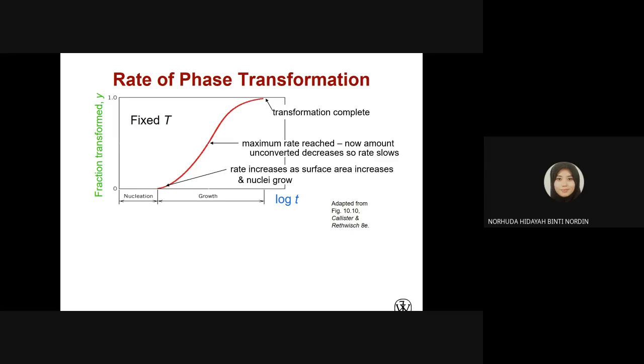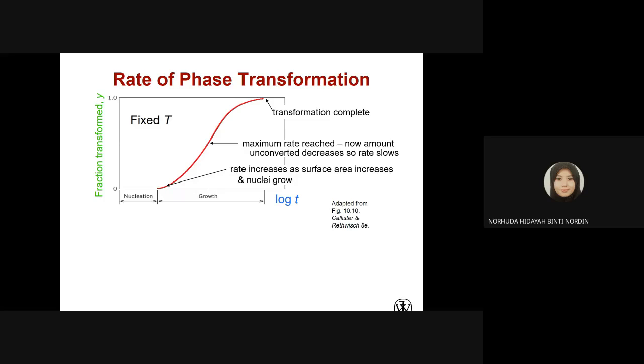We call it sigmoidal. I think this graph we call a sigmoidal graph. So here you can see at 0 growth, and then at 50%, this is the maximum rate. 50% is at around 7 seconds.